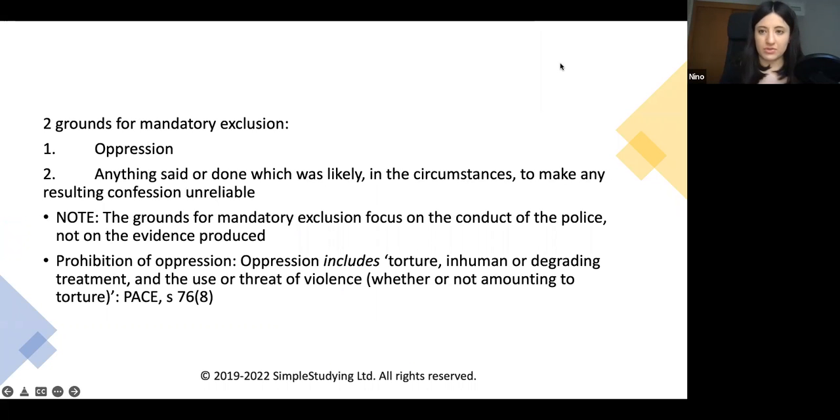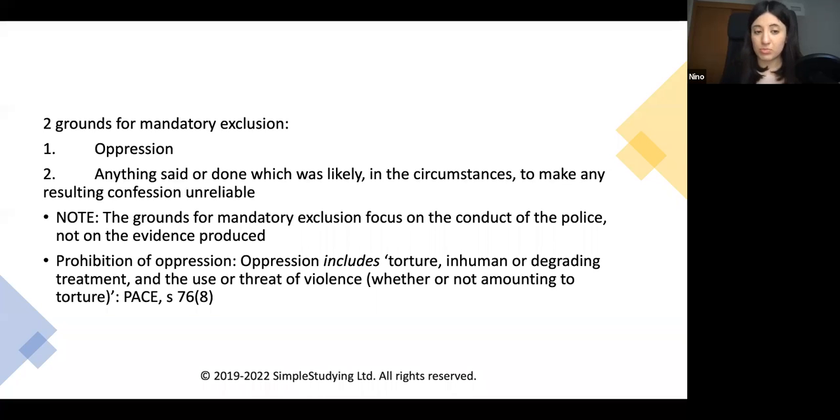Therefore, there are two grounds for mandatory exclusion for confessions. One is oppression, and the other is anything said or done which was likely, in the circumstances, to make any resulting confession unreliable. You need to note that the grounds for mandatory exclusion focus on the conduct of the police, not on the evidence that has been produced.